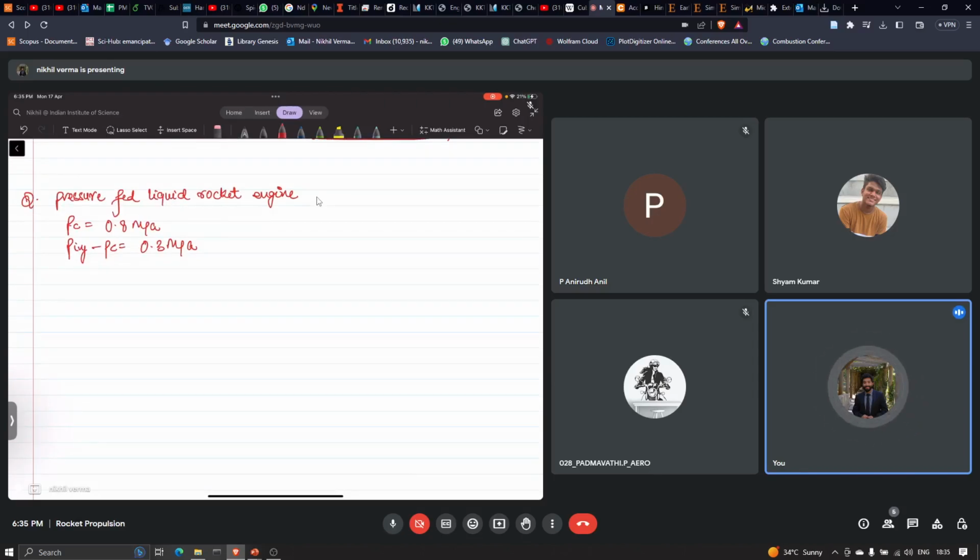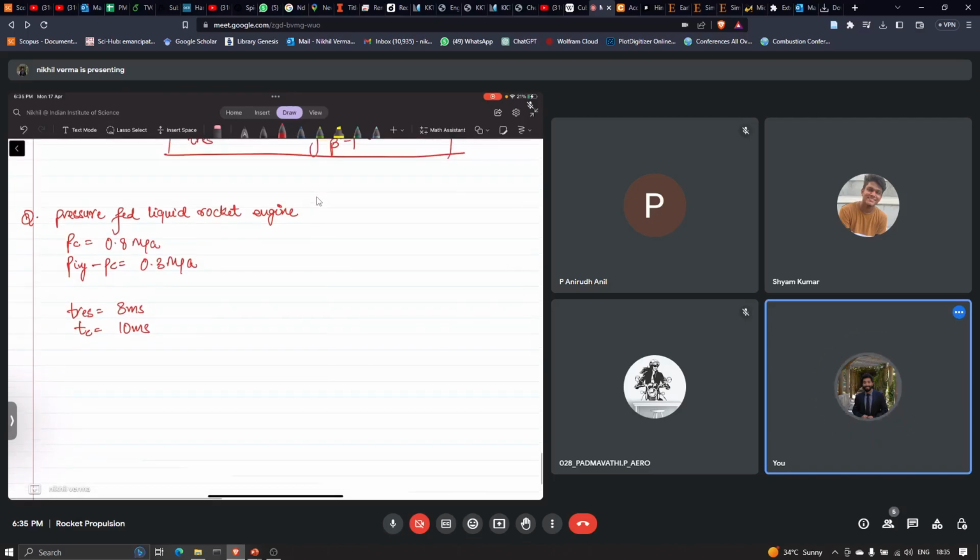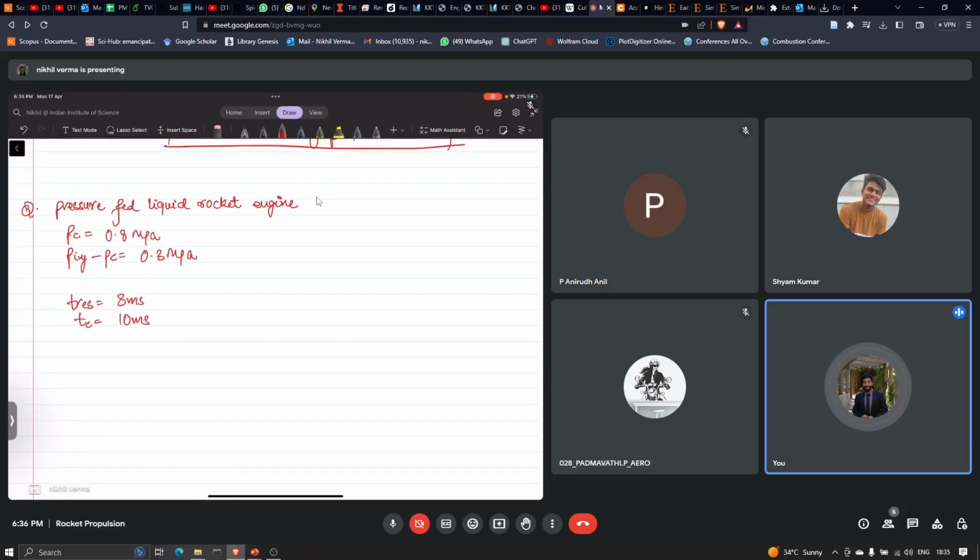It is also given that the residence time of the propellant within the combustion chamber, T residence, is 3 milliseconds, and the combustion delay time, Tc, is 10 milliseconds. We have to predict whether combustion instability will occur or not, and if it occurs, what is its frequency.